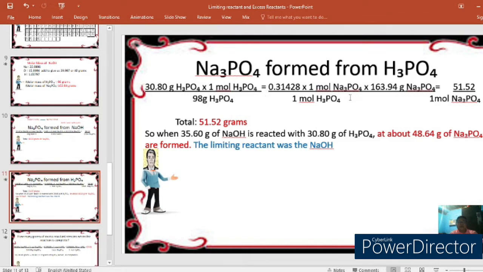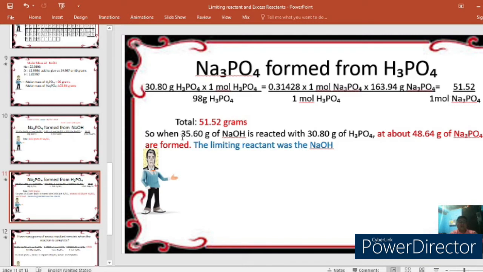It is equal to 0.31428 times 1 mole of sodium phosphate. Again, our sodium phosphate has a coefficient of 1, that's why we have 1 mole, divided by 1 mole of phosphoric acid times 163.94 grams of sodium phosphate, the molar mass of sodium phosphate, to give us 51.52 grams.